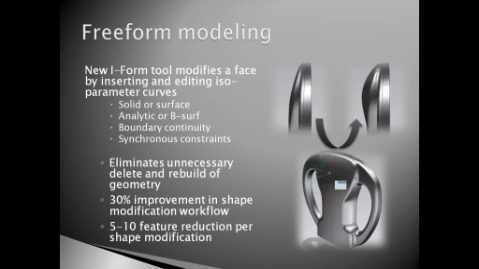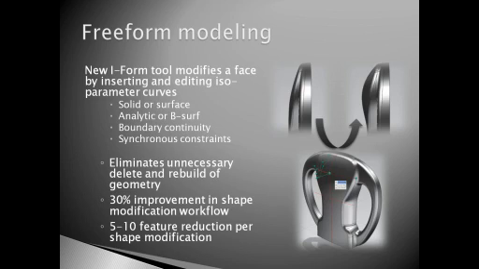Really, this eliminates unnecessarily deleting and rebuilding geometry, because again, you're taking that geometry and you're going to pull and modify as needed. It's really like you're getting in there and working with clay. You're going to shape and form and modify your products as needed.